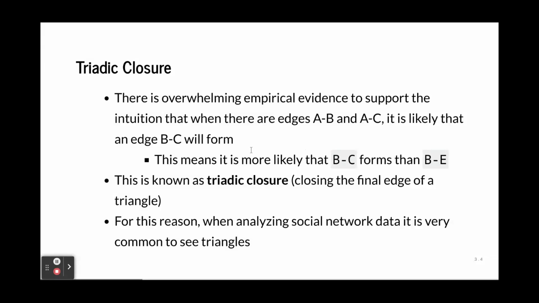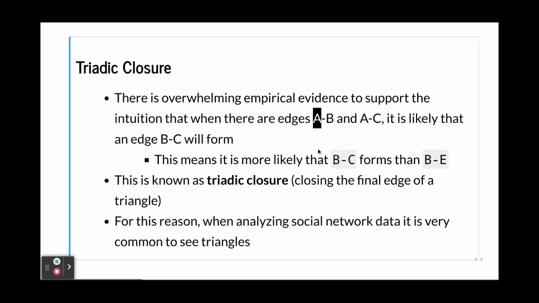Going back to the question we posed a minute ago, that means that the empirical evidence would suggest that it's more likely that an edge forms between B and C than an edge forming between B and E. Now, this feels intuitive if we apply the social network context to our graph. If A is a common friend between B and C, it's likely that via social gatherings or other events, B and C may tend to cross paths because they have a common friend in A.